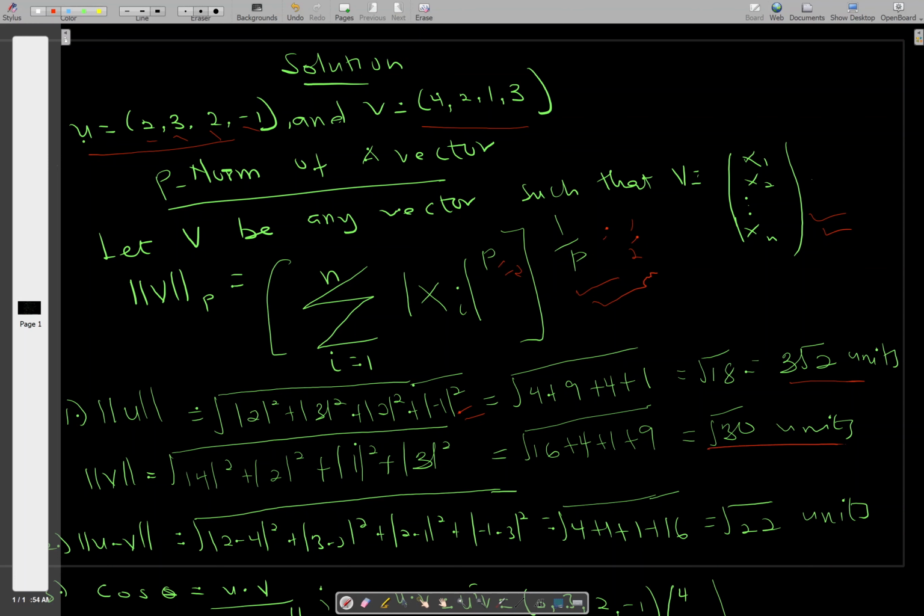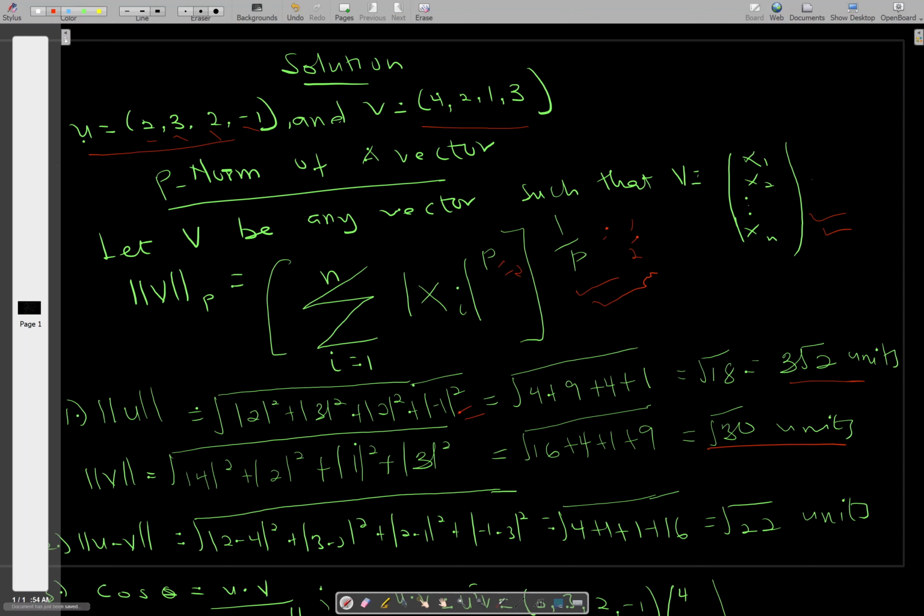Then the next one, we were required to find the distance between these two vectors. The distance between these two vectors is the metric, and that's the norm of u minus v. You can do it the other way around, it's still the same: you can make it the norm of v minus u.